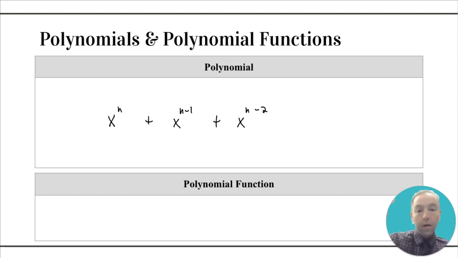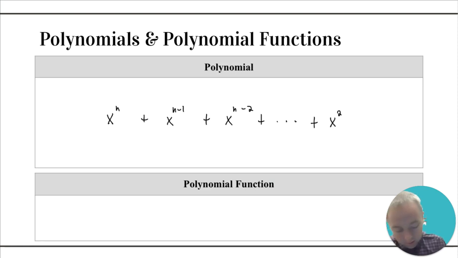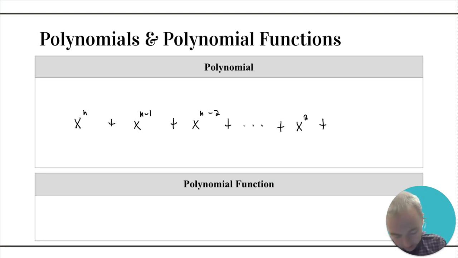I started at the n power, and then an exponent that would be one lower, n minus 1, and then one lower than that, etc. Okay, so then I'm just going to skip a whole bunch of terms, and then eventually it'll end where we have x to the 2, and x to the first, and then at the end there is allowed to be some number, some constant, at the end.